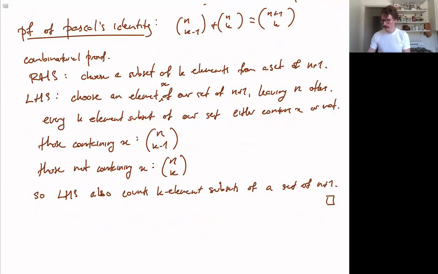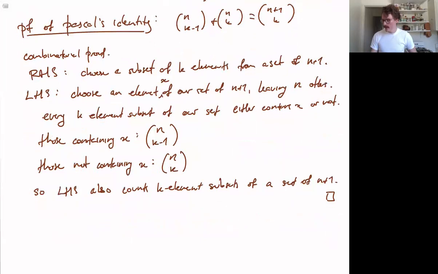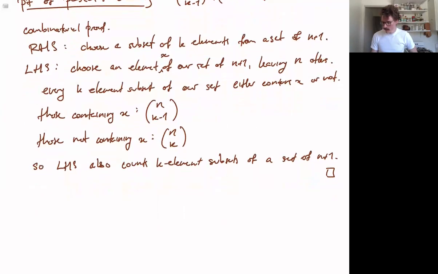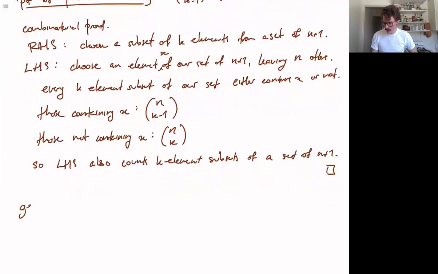And here is, we can actually generalize this pretty immediately. So let's say the generalization is called Vandermonde's identity.